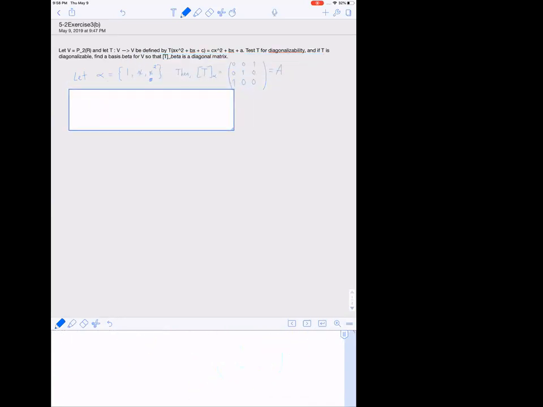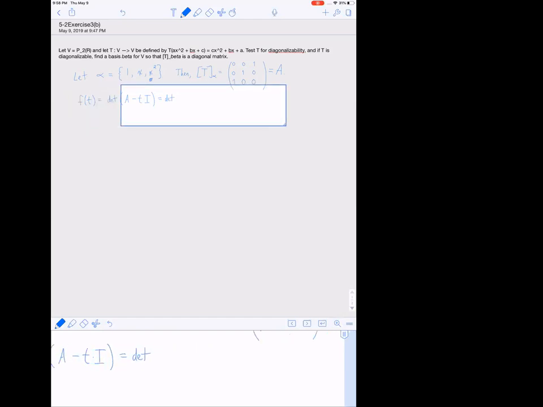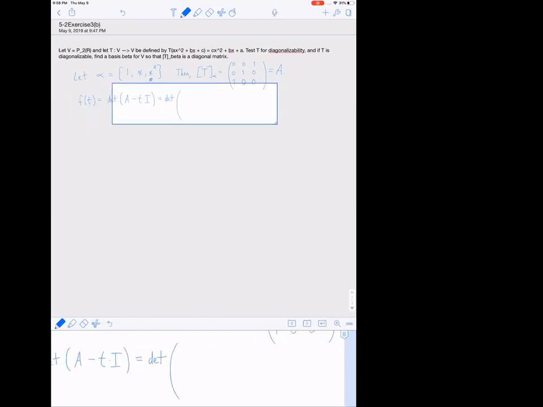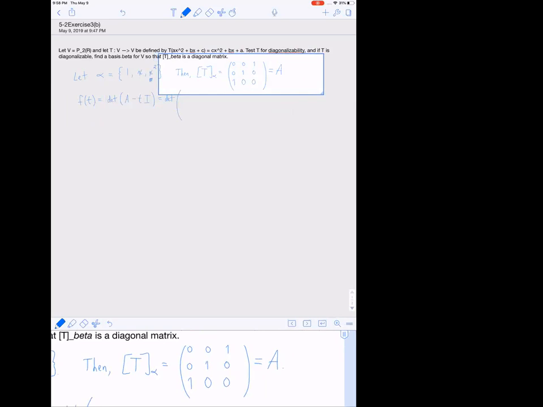Then we can write down the characteristic polynomial for A and for this linear transformation by calculating the determinant of A minus t times the identity. In this case, that will be the 3 by 3 identity. So A minus t times the identity is going to be this matrix, but we're going to change the diagonals by subtracting t from each.